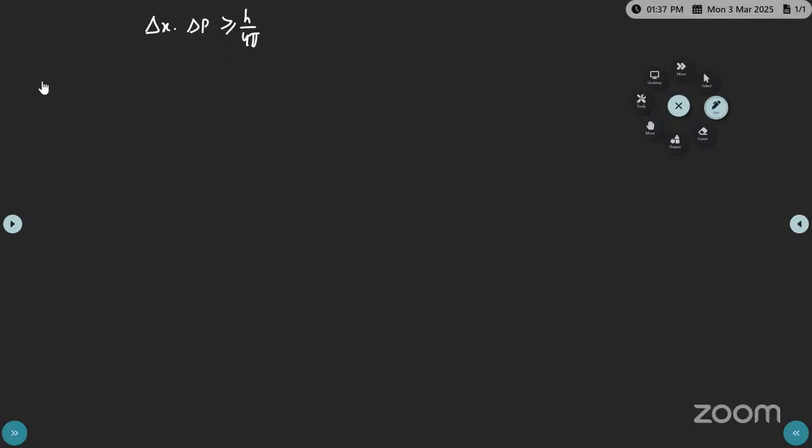So next, the Schrodinger wave equation. The Schrodinger wave equation describes the wave nature of the electron in the atom.